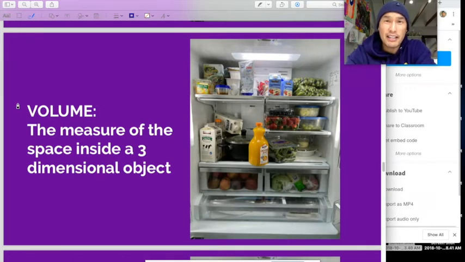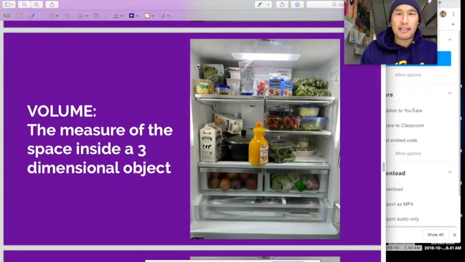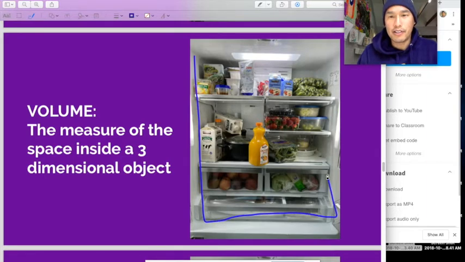So if you're looking at this picture of my fridge, you can see that this refrigerator is basically a giant rectangular prism. There's one rectangle right there.